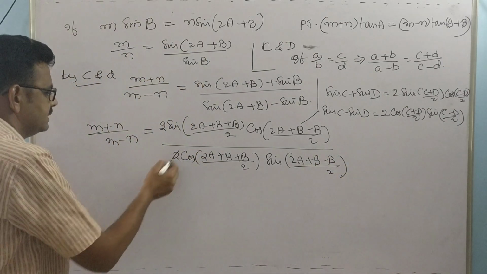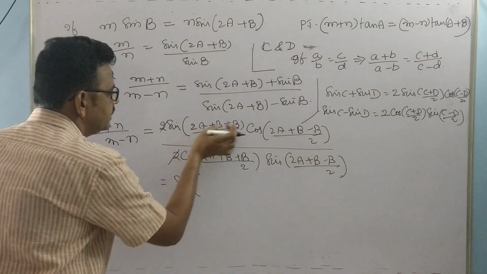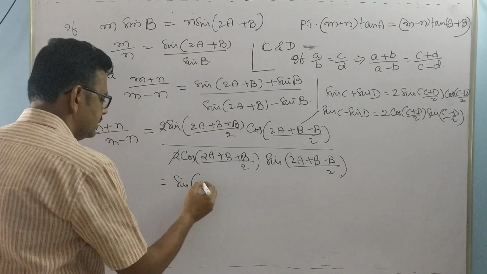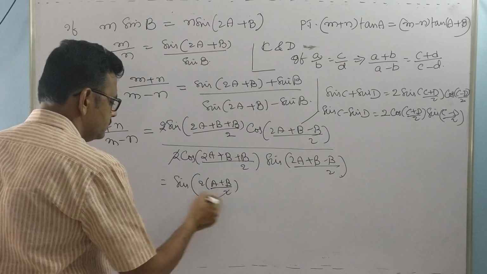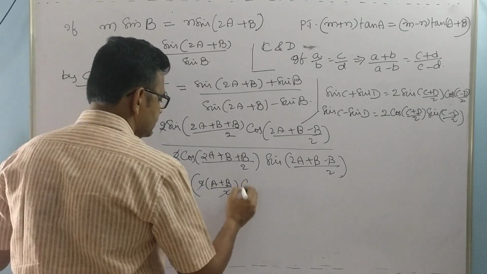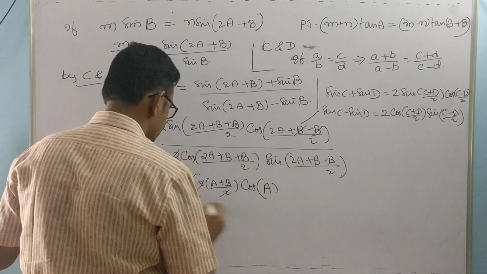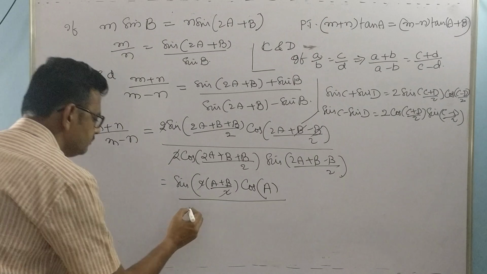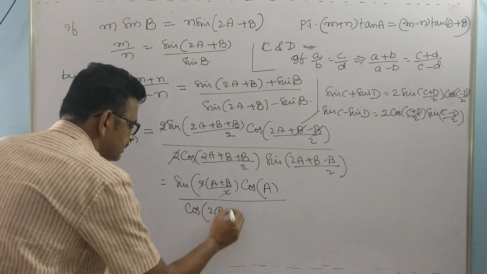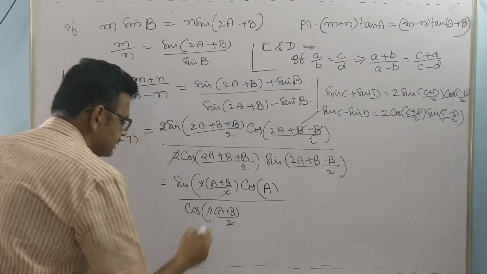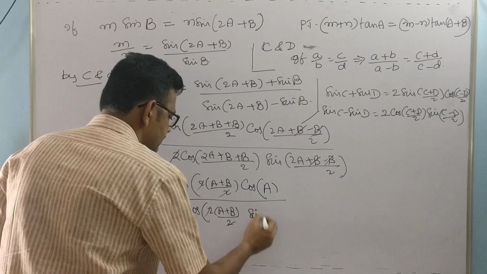Okay, 2 gets cancelled. This is equal to sin of (2a plus 2b) by 2, that is sin of (a plus b), by cos of 2a by 2, that is cos a, which is equal to sin a.